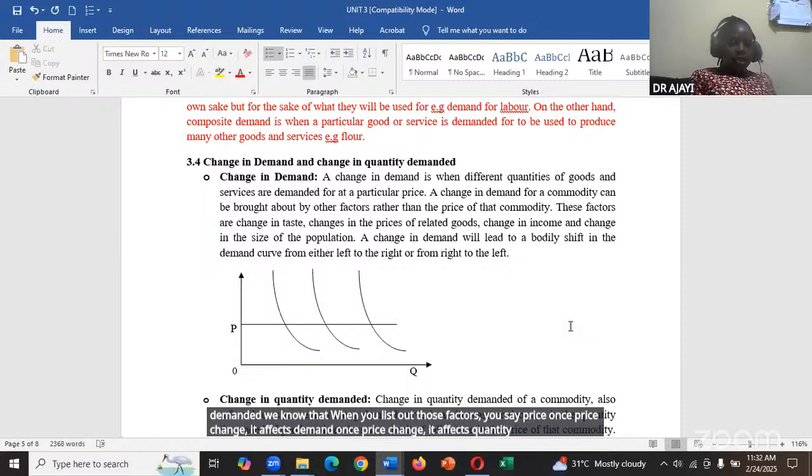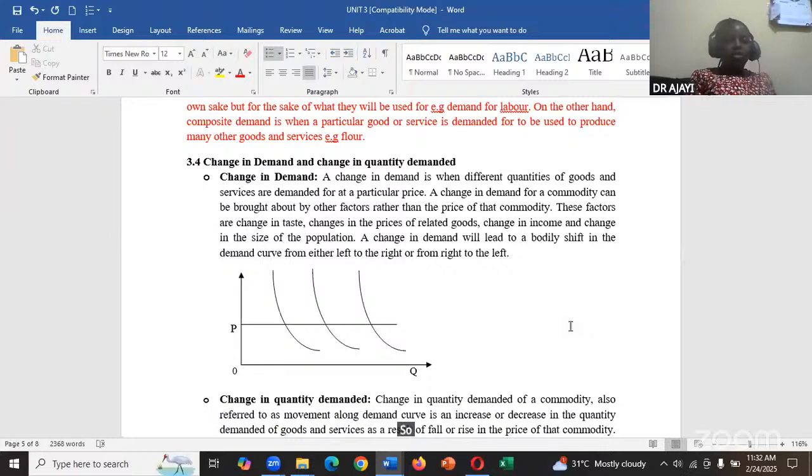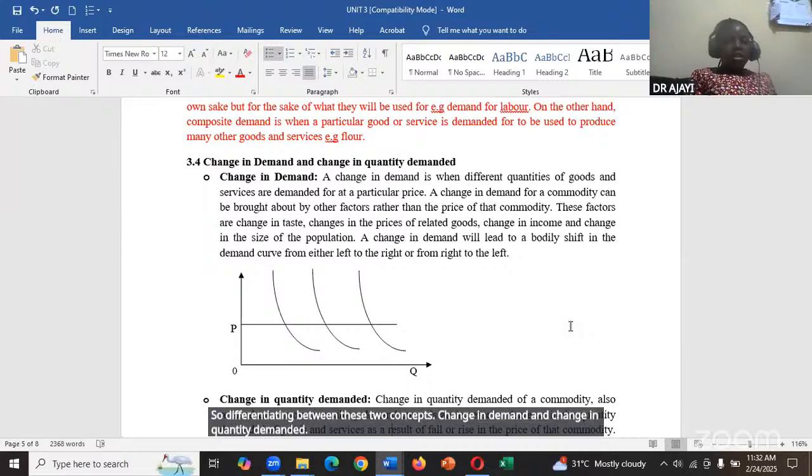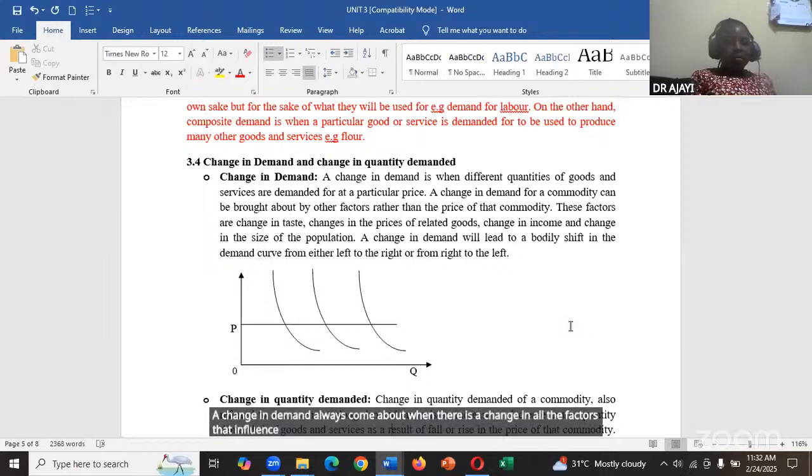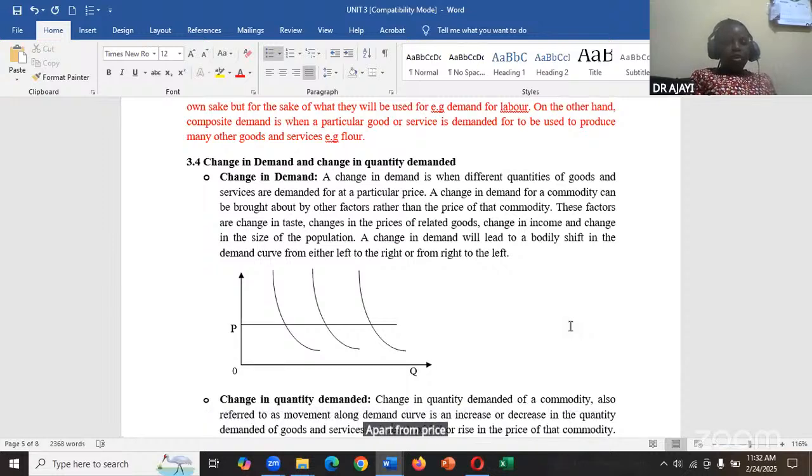So we differentiate between these two concepts, change in demand and change in quantity demanded. A change in demand always comes about when there is a change in other factors that influence demand, apart from price. So let me come again.